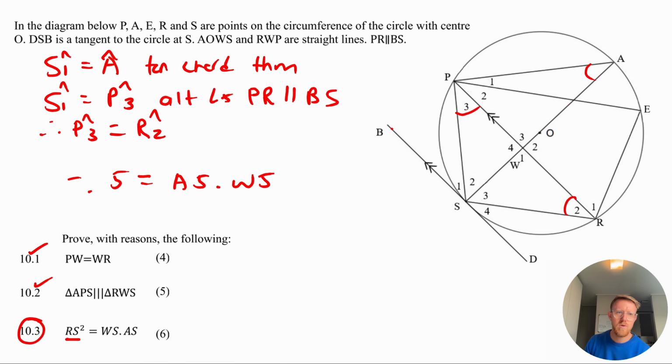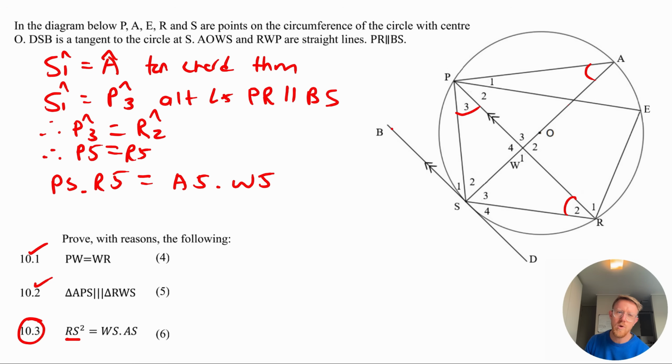And so let's just write out what we had here. PS times RS. So because we are now in this triangle and we've just proved that those two angles are the same, then those two lengths, PS and SR, must be the same. So we can say that PS must be the same as RS. Why?